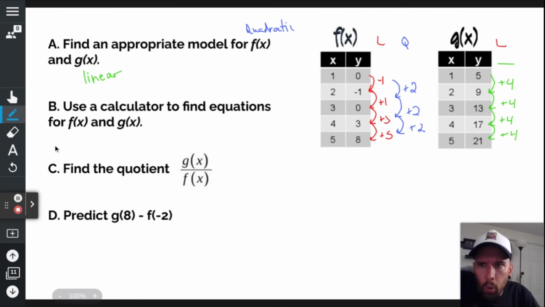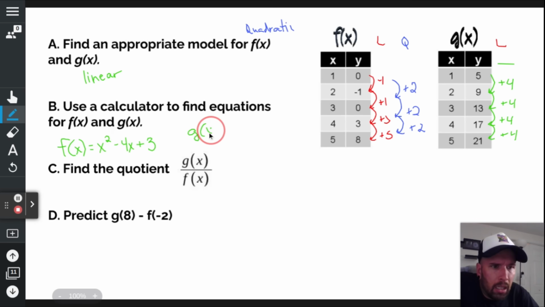All right, so f of x ended up being, I have it written down, x squared minus 4x plus 3, and g of x ended up being just 4x. I'm looking at the wrong thing. Minus 1.4. That's why I said point. All right.